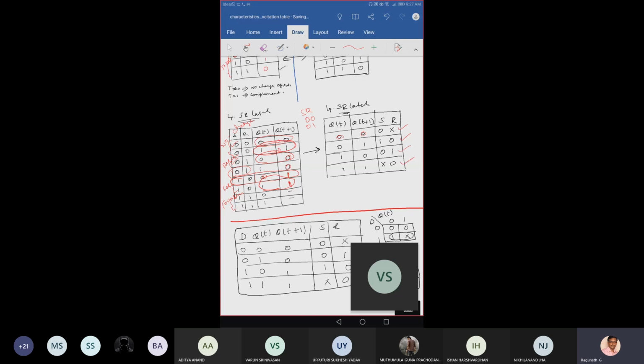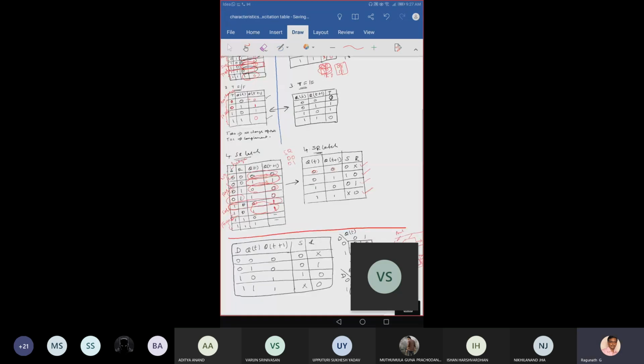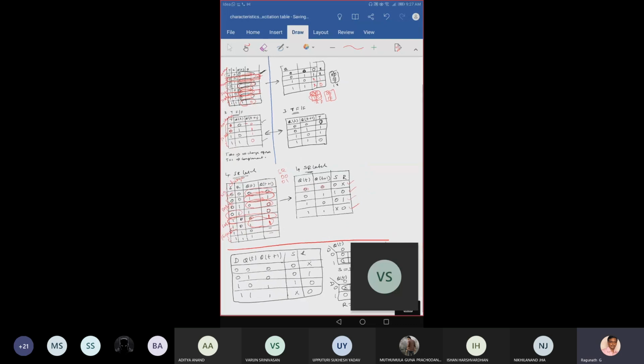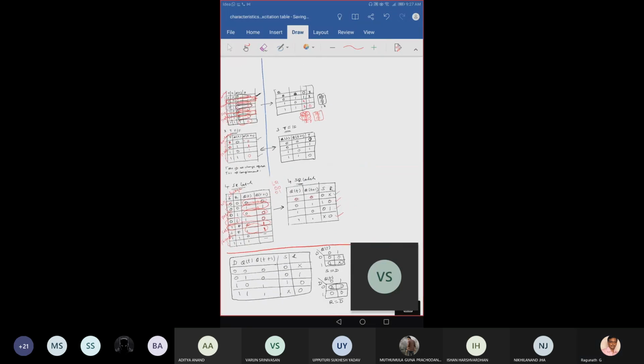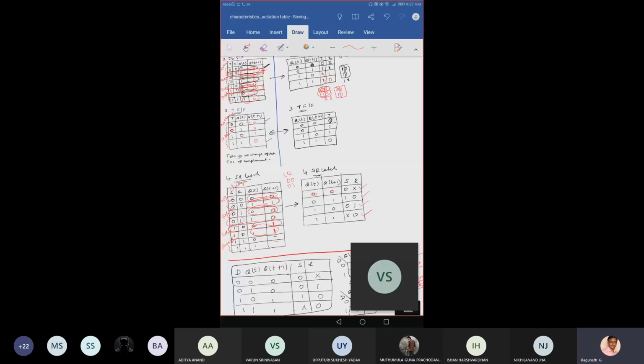So this is the excitation table of the SR latch. We can say SR flip flop. Any doubts in this?